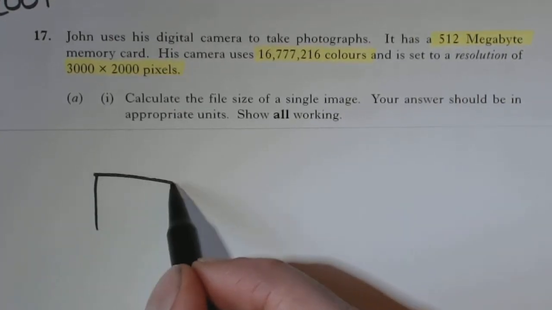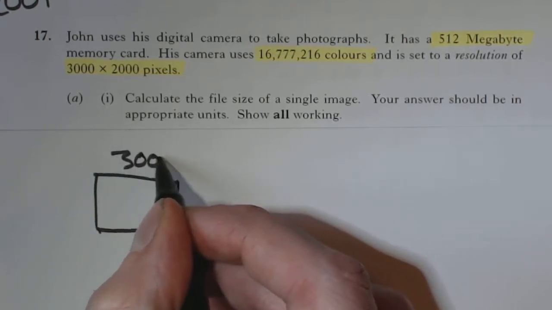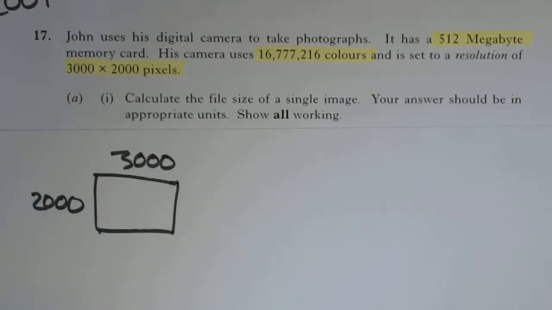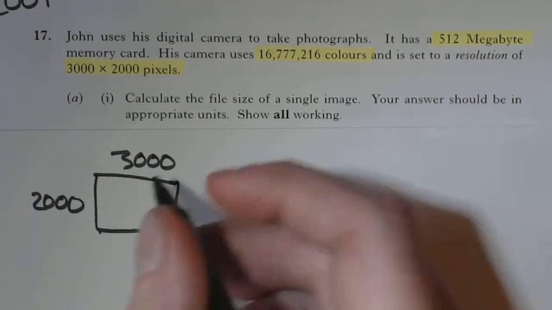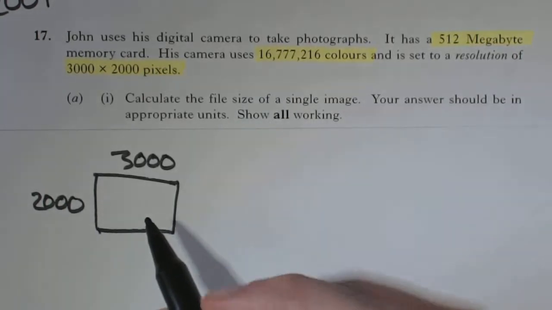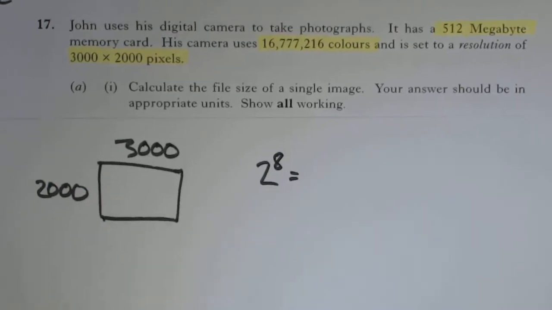It's always handy just to draw out the image, so that's 3000 pixels by 2000. That's already been done for you. Now, we're looking to work out the colour depth from that. There'll be some values that you'll be familiar with.